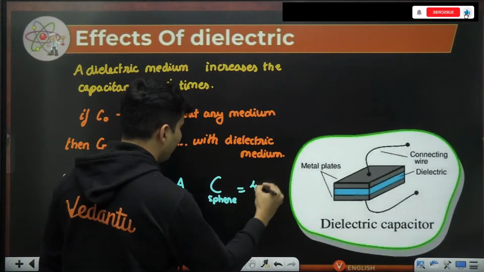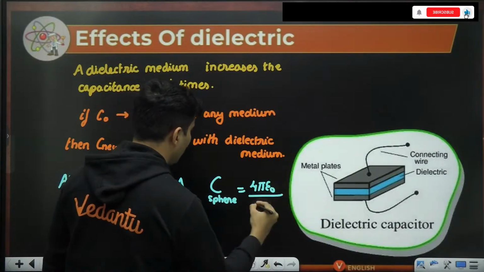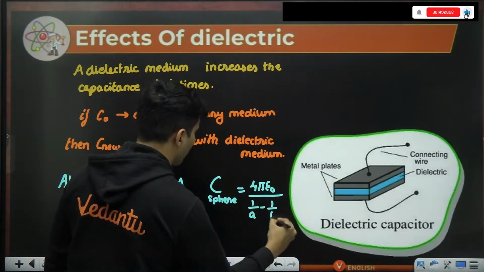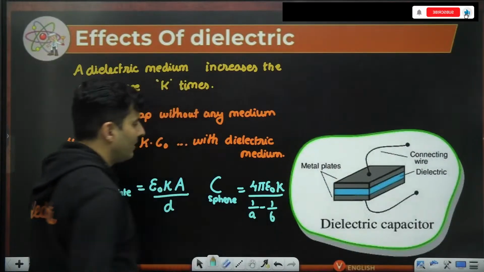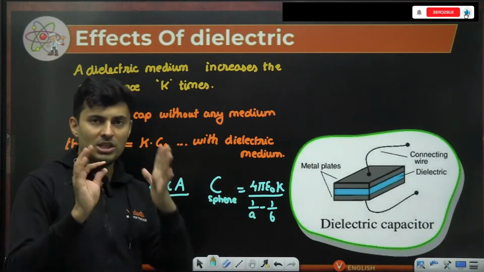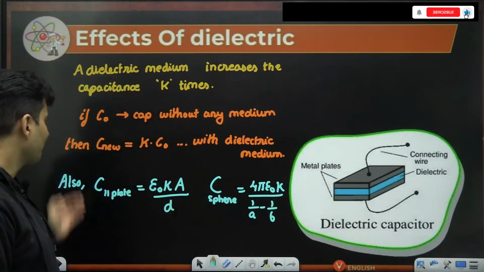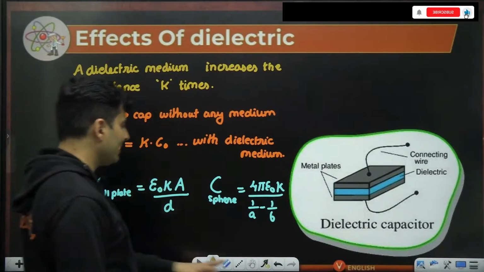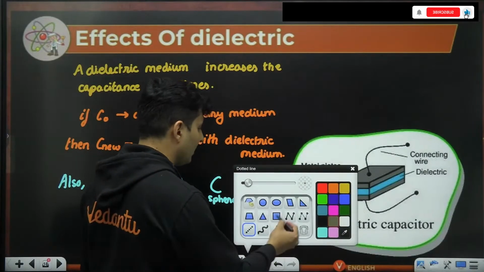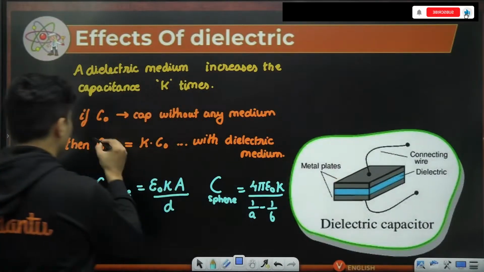It used to be 4 pi epsilon naught times 1 by A minus 1 by B. Technically, I should also multiply it with K because if the space between those shells is filled with a medium, then it will increase by K times. So these are the modified formulas in case the medium is present. But otherwise, just remember that the capacitance becomes K times.